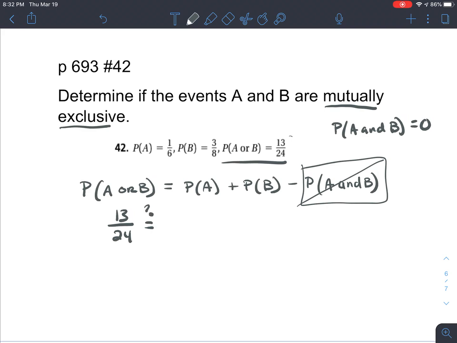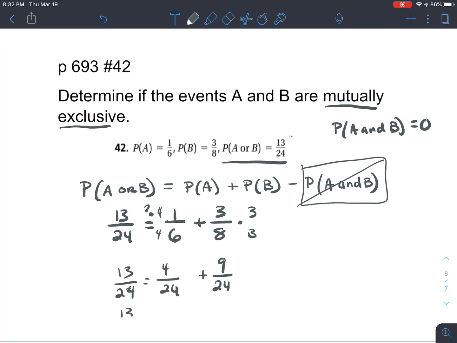And that has to be equal to, so we'll put a question mark there, the probability of A plus the probability of B. So I'm going to use like denominators practice with my fractions. 24 is a like denominator, so we get 9 over 24. Like denominators here, 4 over 24. When I add those together, I get 13 over 24 is equal to 13 over 24. So since the sum of the two probabilities is equal to the OR, we know that, yes, these are mutually exclusive.